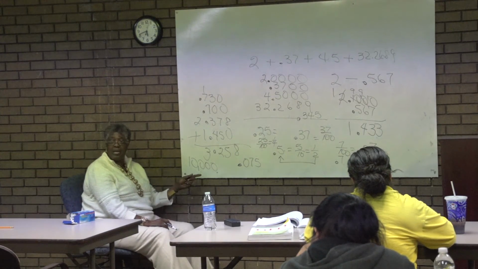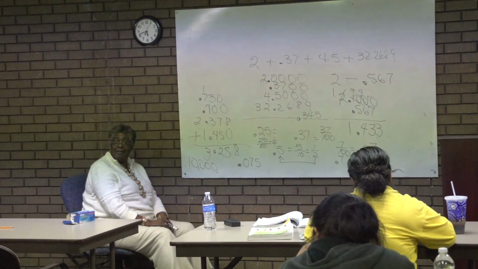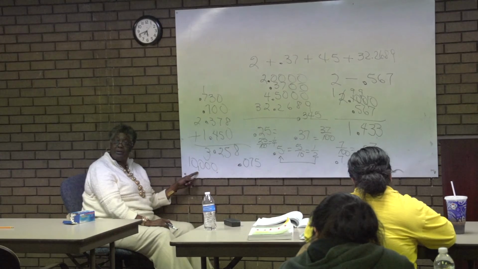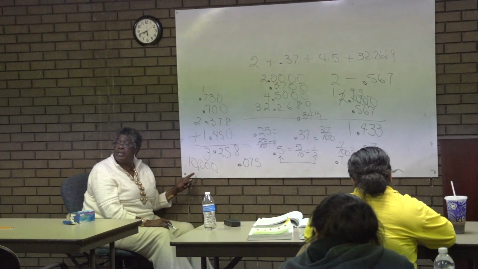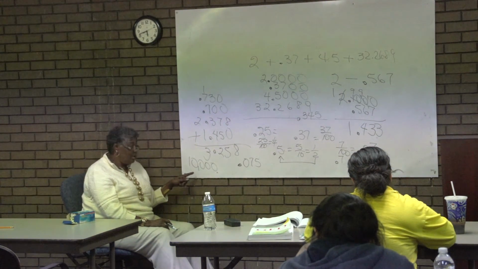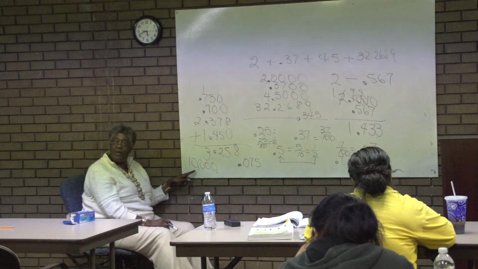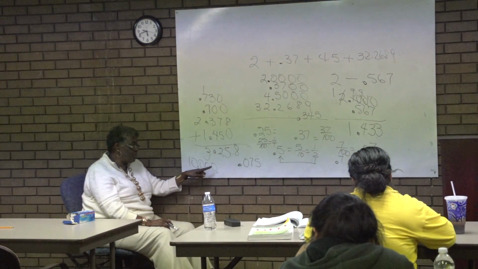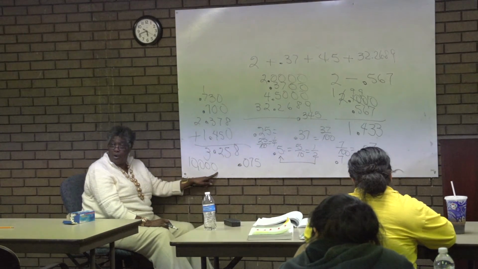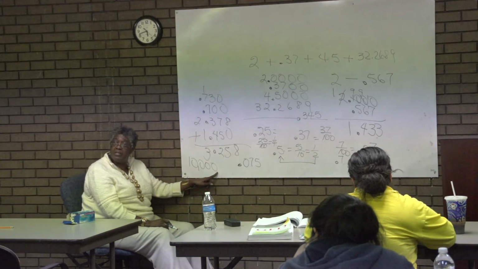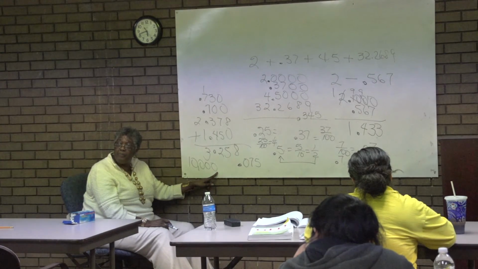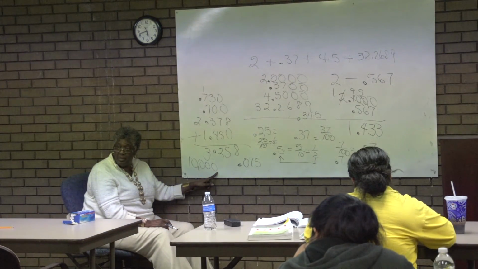You don't have to guess, you count. How many zeros are in 10,000? Uno, dos, tres, cuatro. 4 zeros. That means in the ten-thousandths place, there are 4 numbers past the decimal.